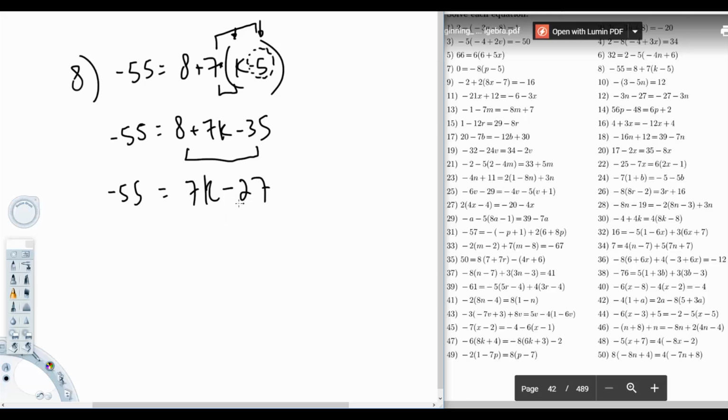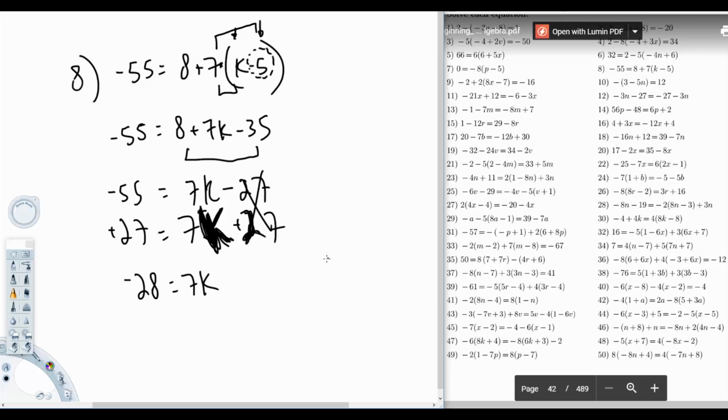And of course, if I want to get rid of this negative 27, I'll add 27. And I'll add 27 on this side. And I will get, they'll cancel out, right? So we have here minus 55 plus 27. That gives us minus 28 equals 7k.